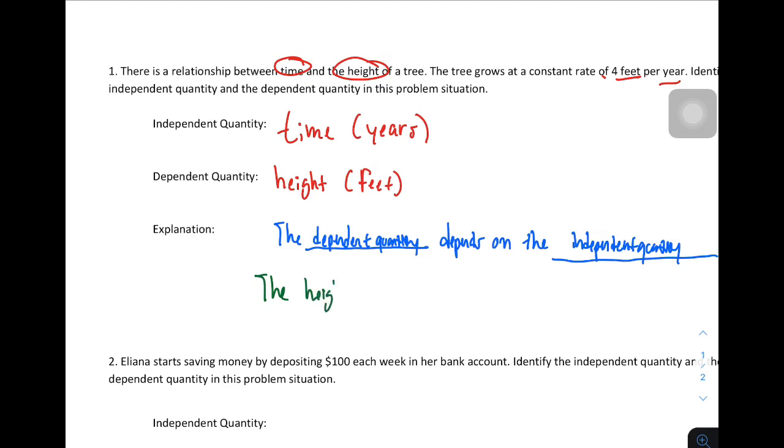The height of the tree, so we know what we're talking about, depends on the time that has passed.